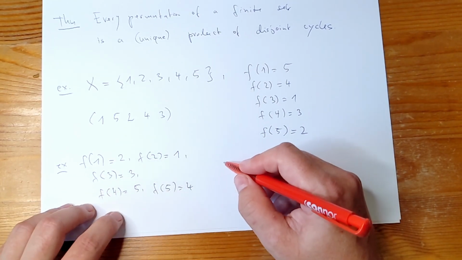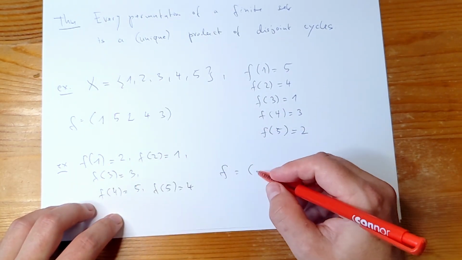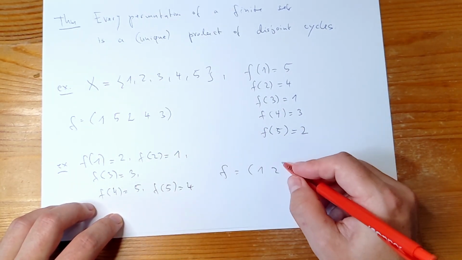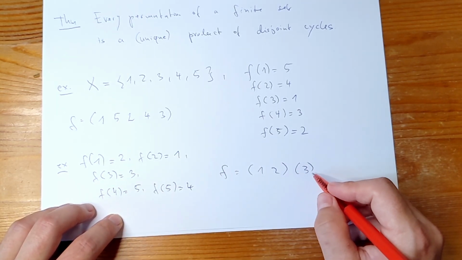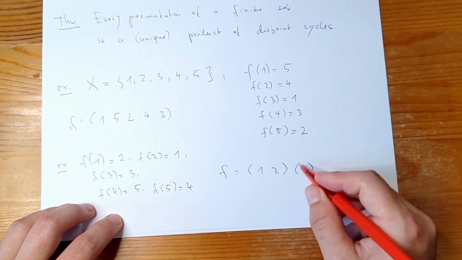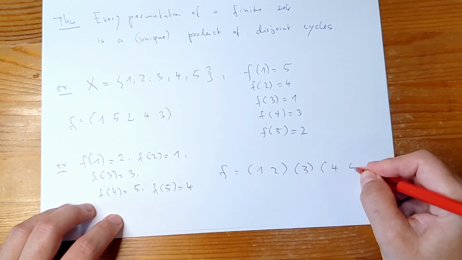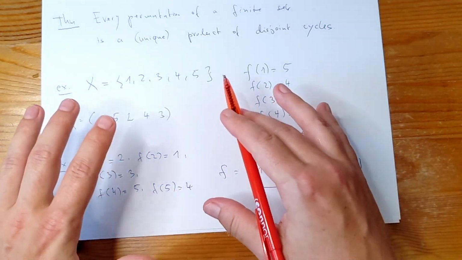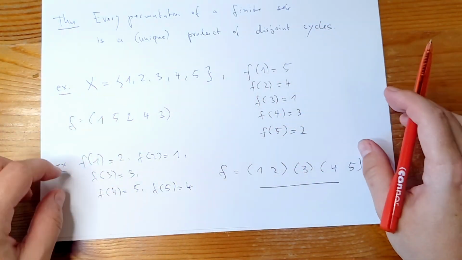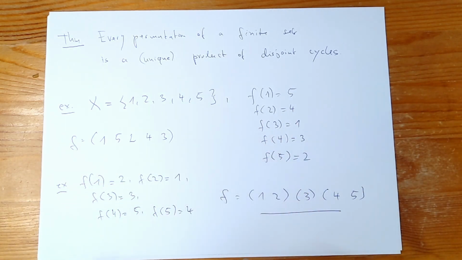So this was F, so 1 goes to 2, 2 goes to 1, so this is a 2 cycle, 3 goes to itself, so this is just a 1 cycle, this is also possible, and here we have another 2 cycle. So this is very useful. So this means that oftentimes when we study permutations, we just have to study the cycles individually.